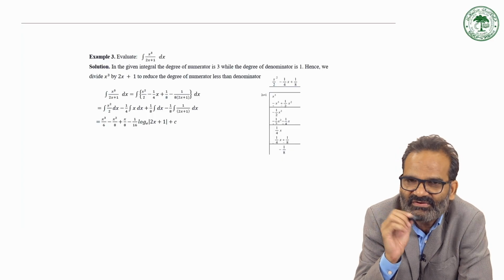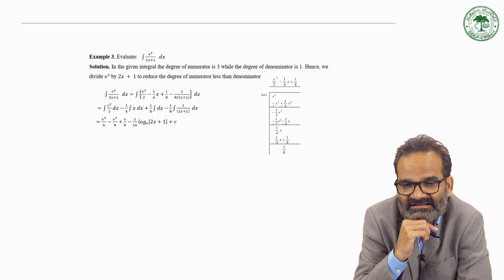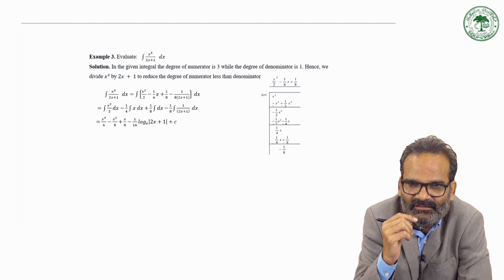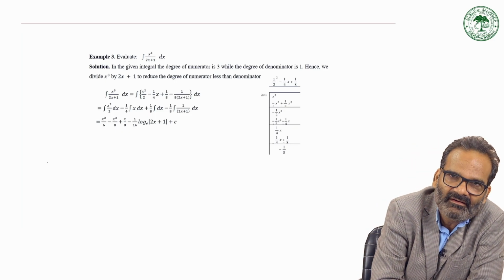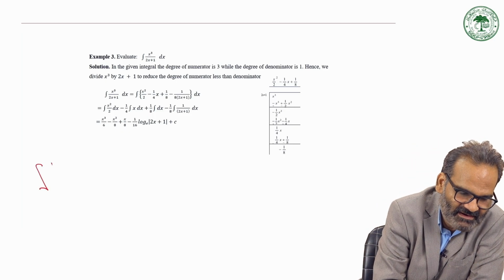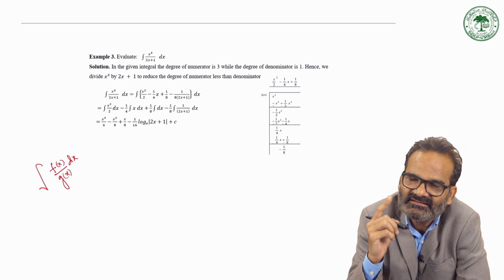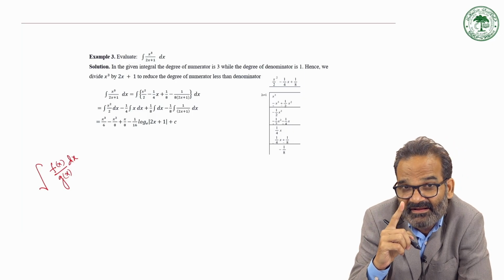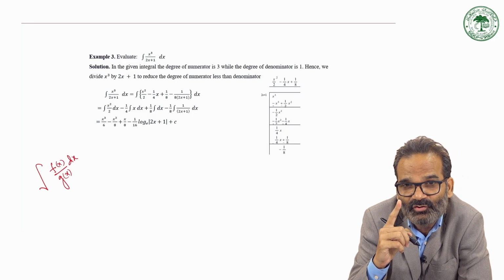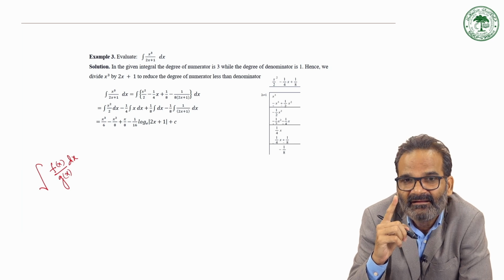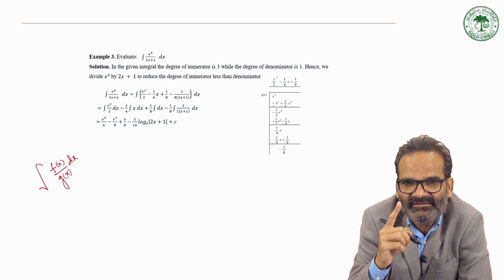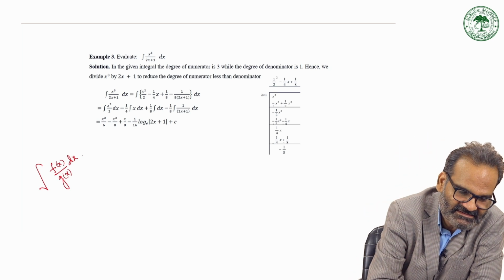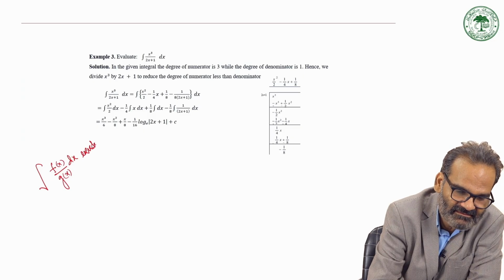Before proceeding to the solution of this integral, let me tell you one more thing. Whenever you are given a function of the type f(x) divided by g(x) dx, with f(x) in the numerator and g(x) in the denominator, only if the degree of numerator is less than the degree of denominator does this integral exist.